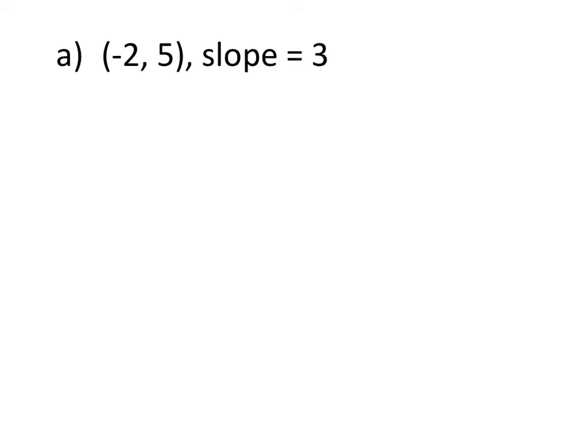So what we're still going to do is use y equals mx plus b, because that's our slope-intercept form. I've got -2 as my x value and 5 as my y value, and they've given me a slope of 3. So I'm going to plug this information in and solve for b.